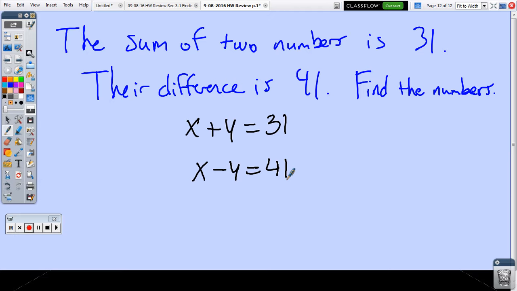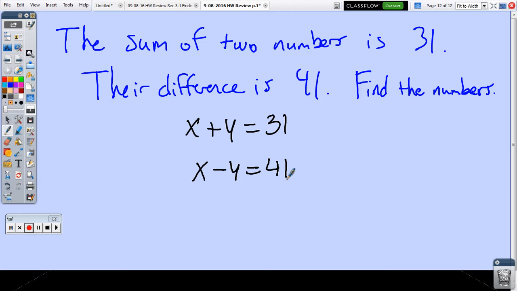Find the numbers. I don't want to say too much. This should feel like a review. It's a very simple system like this. Do you remember the substitution or elimination method for solving a system of two variables?